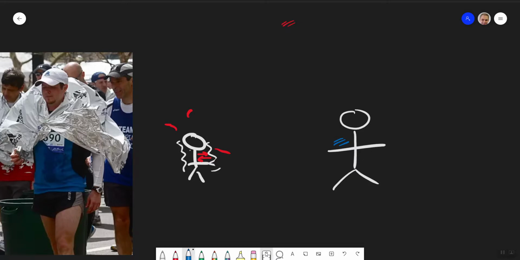But if you have a silver foil blanket around you, you've trapped that convection current. That air, when it's warmed up, can't escape forever. It can go to the top of the blanket, and then it's just stuck. And so you're going to insulate yourself with a nice cushion of warm air around you.